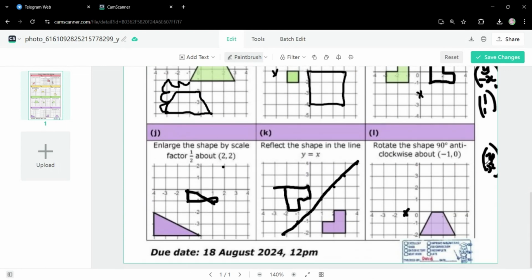Okay, now we can calculate the shape. 1, 2, 1, 2. So it's (-2, 0).